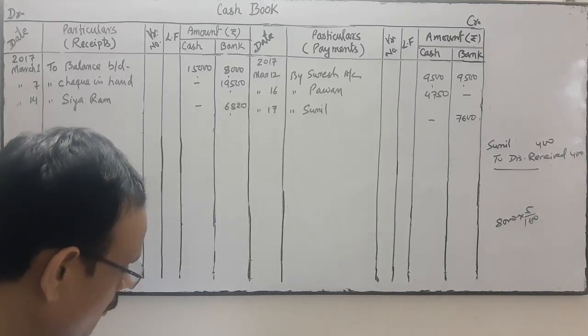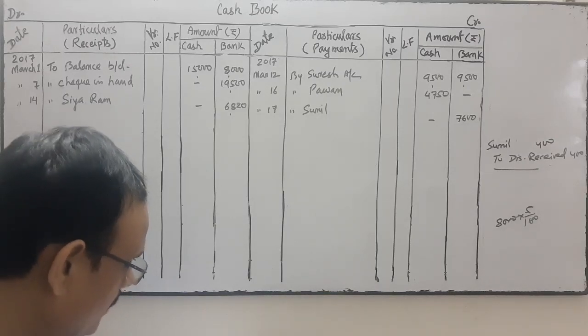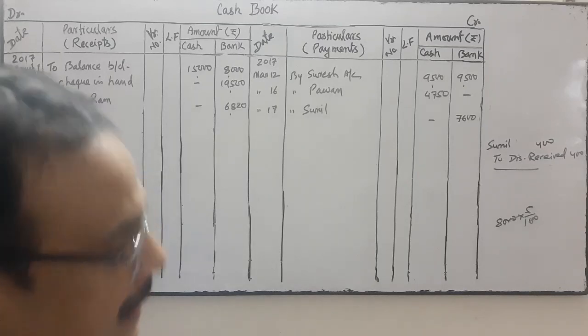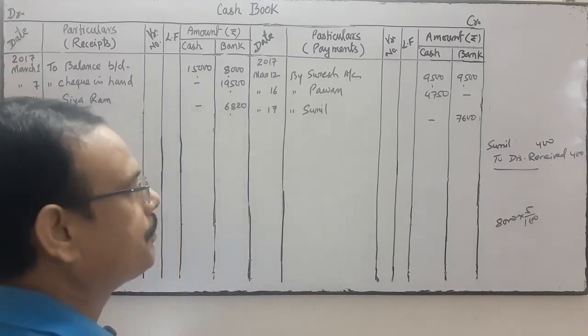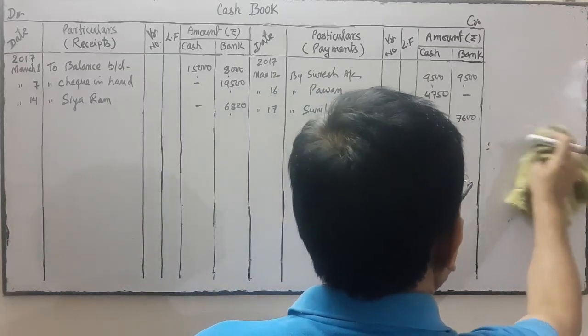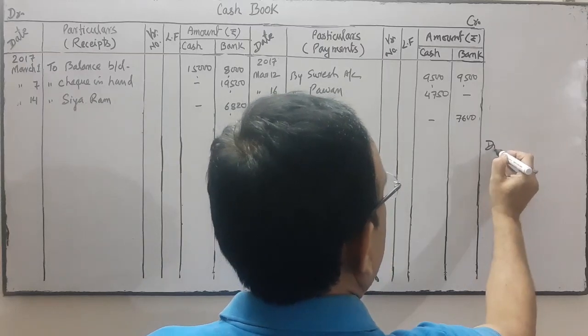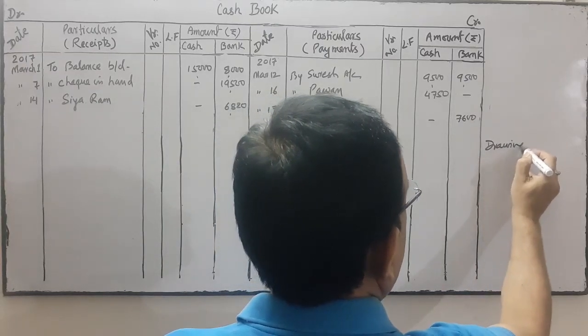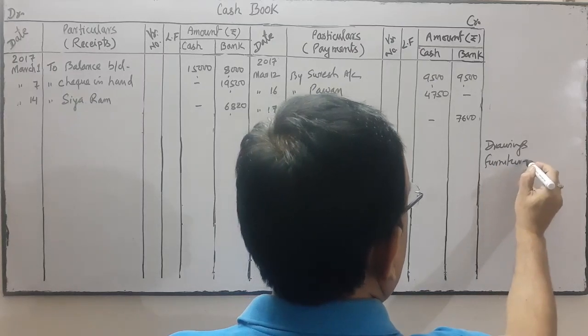Next one is: withdrew from bank 20,000, and furniture was purchased for rupees 15,000 and the balance was taken by the proprietor. Whatever amount is taken by the proprietor is drawings for personal use, and furniture is purchased.